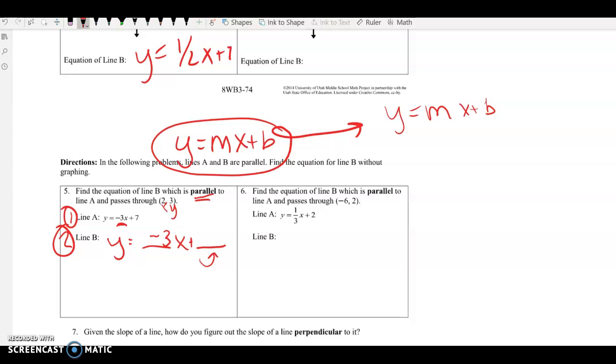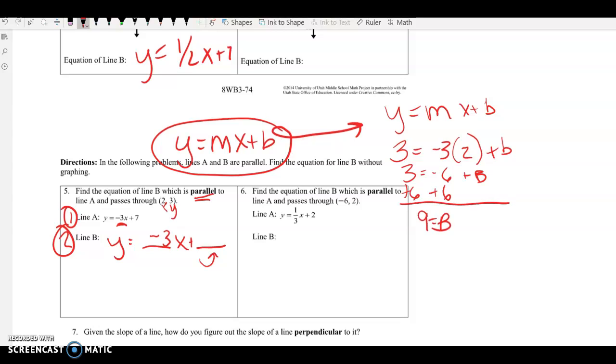So when I plug this all together, I get 3 equals -3 times 2 plus b. I get 3 equals -6 plus b. I'm going to add 6 to both sides, and I get 9 is b, which means my y-intercept is 9.